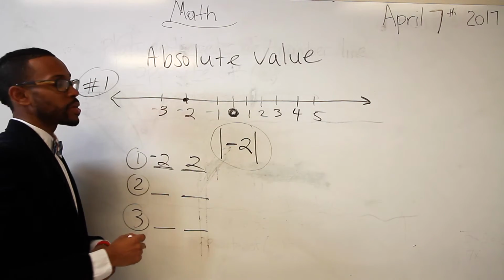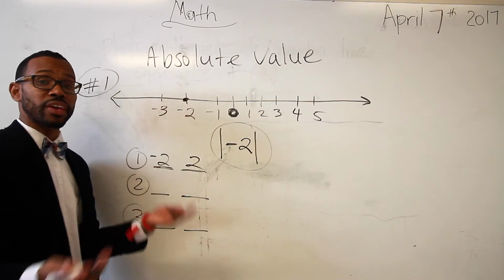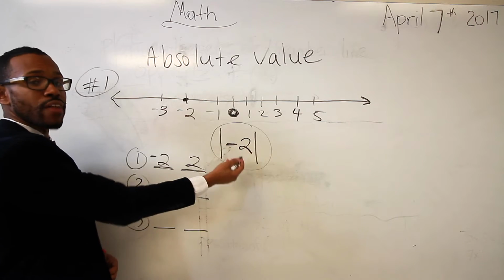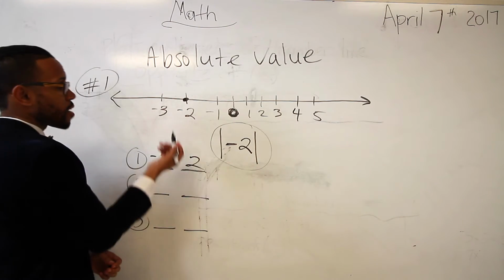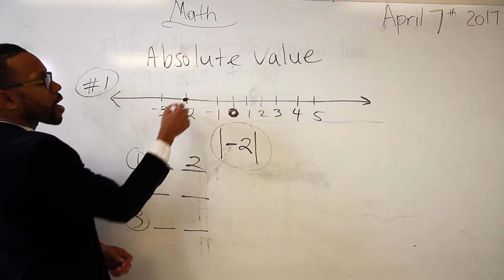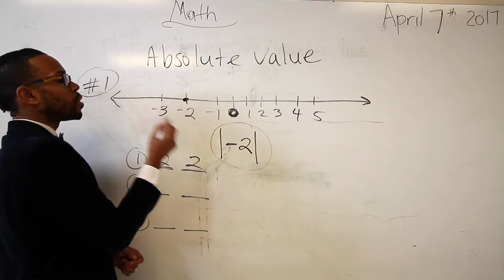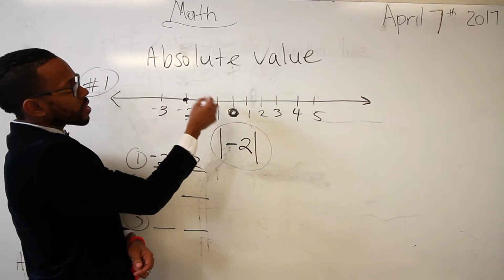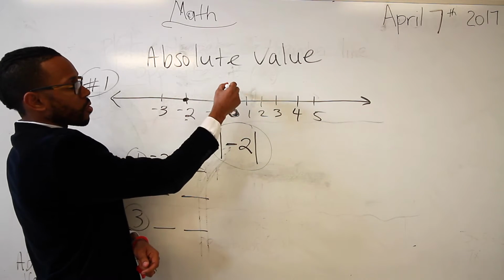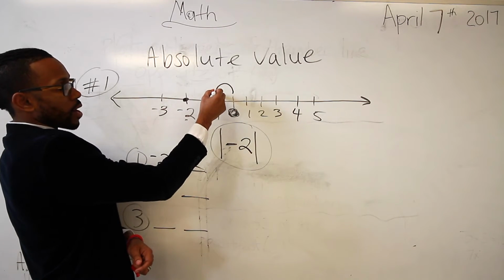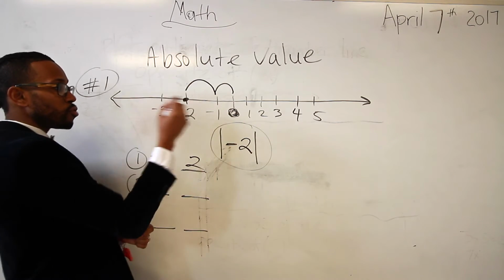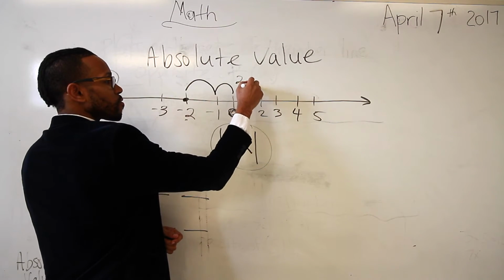Okay? Because if you look at it as just the number of spaces from 0, then you see how absolute value is always positive, right? So even though this point is plotted at -2, we know that this -2 is how many spaces from 0. Let's count. 1, 2. It's only 2 spaces from 0.